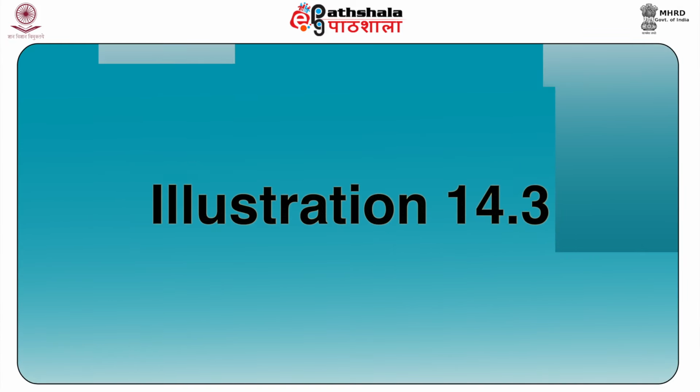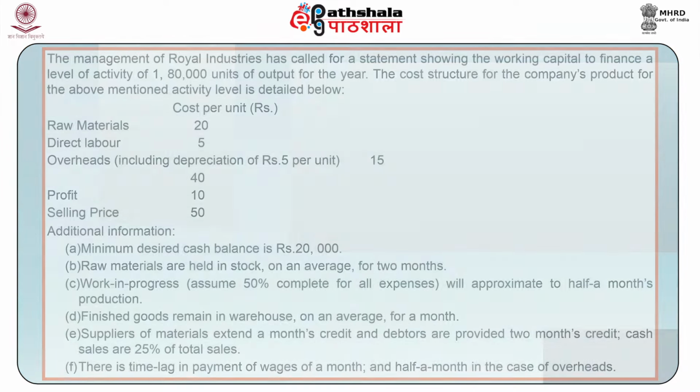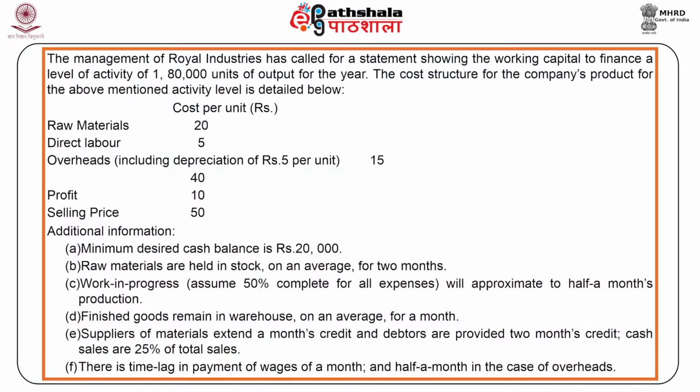Illustration 14.3. The management of Royal Industries has called for a statement showing the working capital to finance a level of activity of 8,80,000 units of output for the year. The cost structure for the company's products for the above mentioned activity level is given below.